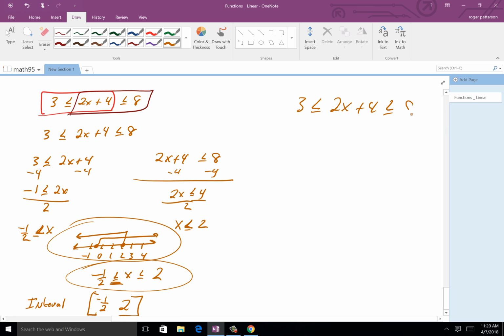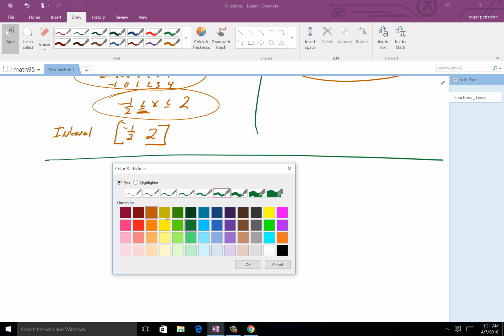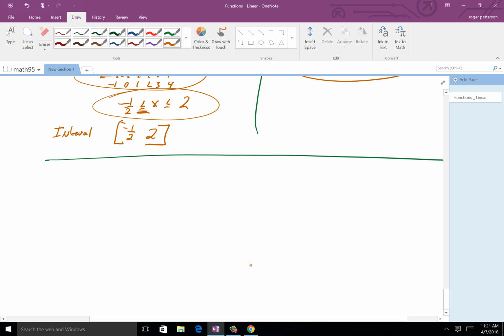Let's look at another, same thing. So let's do another one here. So I'm going to go -4. This time we'll go like this. We'll go 5x minus 8 this way and this way. So we need 5x minus 8 to be greater than -4 and 5x minus 8 to be less than 12. So it's got to satisfy both conditions.